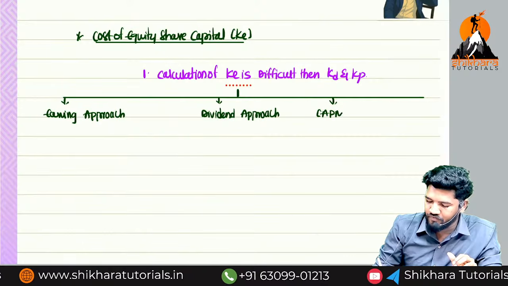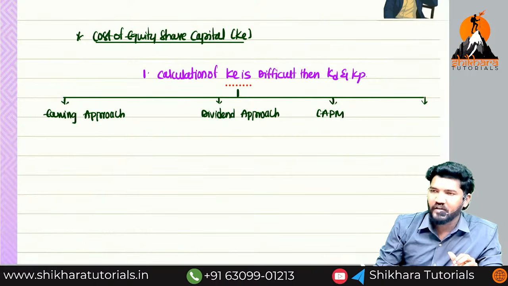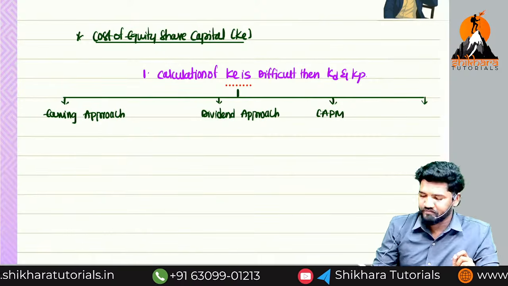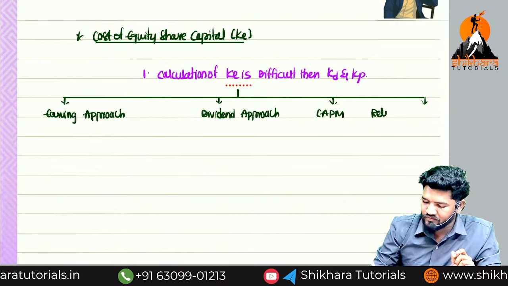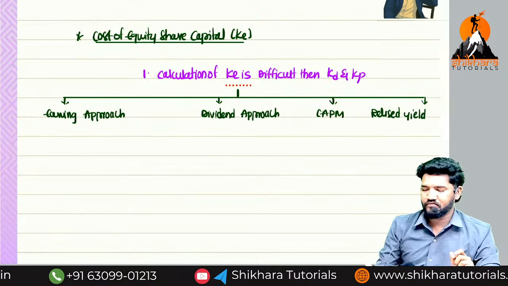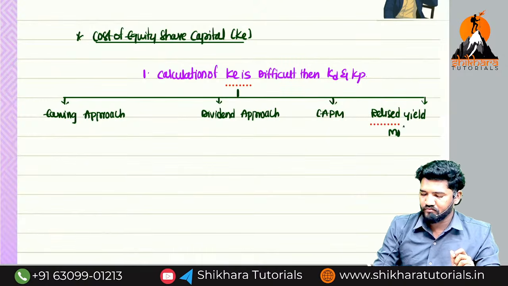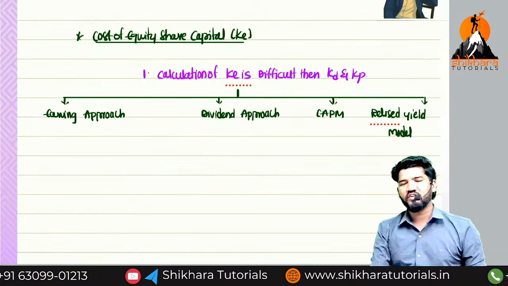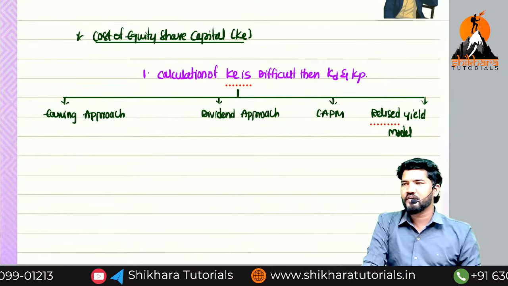Can anyone tell me the full form of CAPM? Capital asset pricing model. And the realized yield model. You can use the word approach or model, not a problem. The concept needs to be understood.